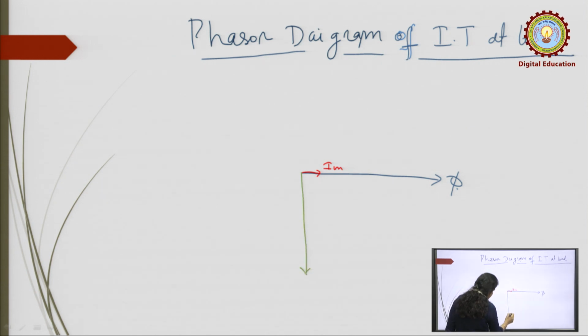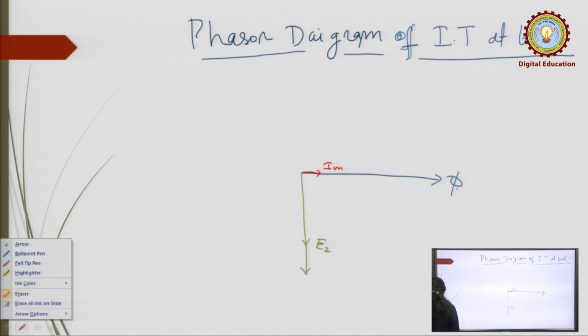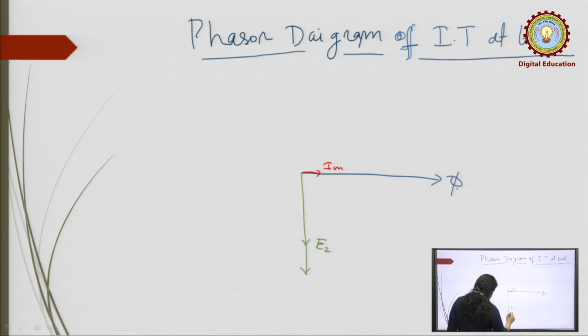Suppose this is E1 and this is E2. If the number of turns N2 is less than N1, then E2 is drawn like this, in the same phase as E1.